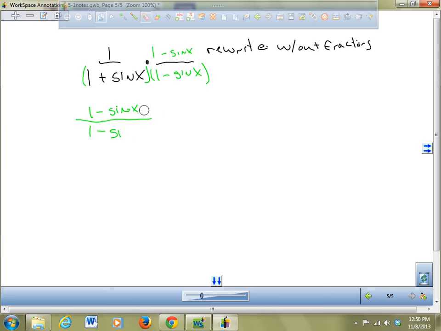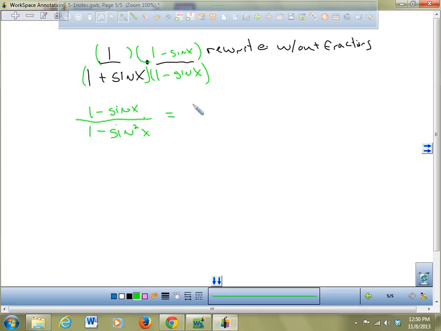Because when I multiply that together, I just get 1 minus sine x on top. Does anyone not see where I get 1 minus sine squared of x from? What's 1 minus sine squared of x equal to? Cosine squared of x.